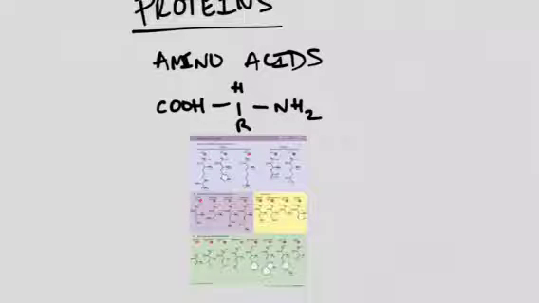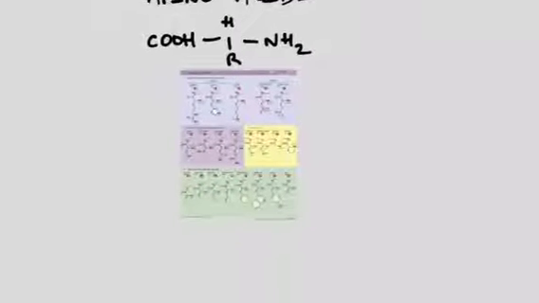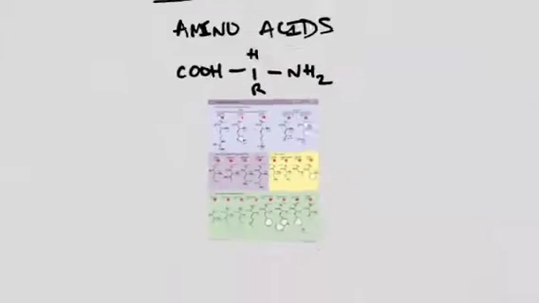Okay, so amino acids all have the same basic backbone. They're all made up of a carboxyl group right here, an amino group right here, but then they all have an R group. And here are the examples of all the different R groups of all the different amino acids. They're all different.